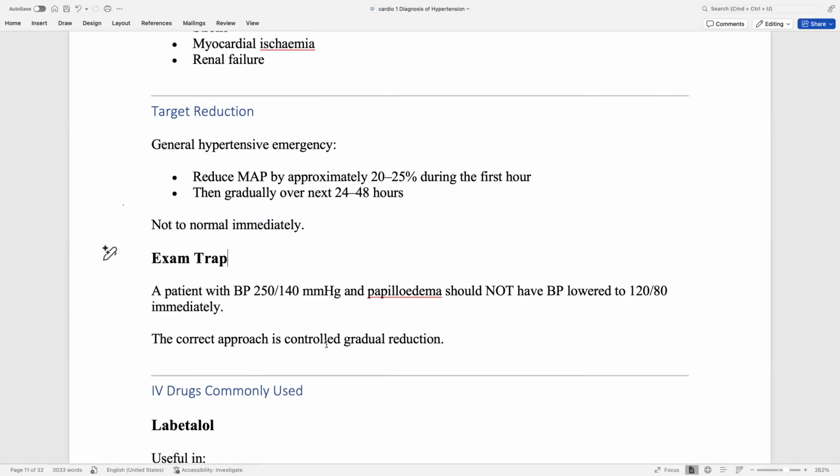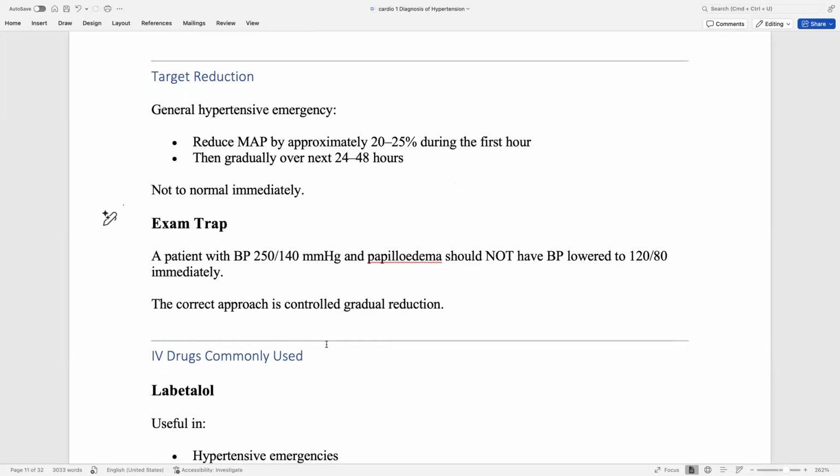We need to treat the whole picture, not a number. I know the family will push you. Doctor, the blood pressure is not reduced, it is still high, because they are thinking of it like the temperature of a car. They want to reduce it fast.